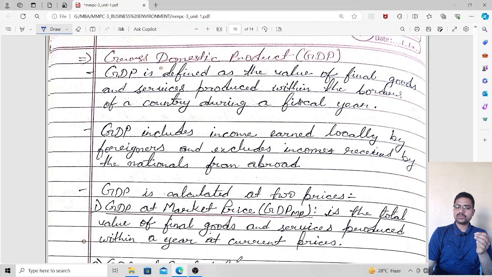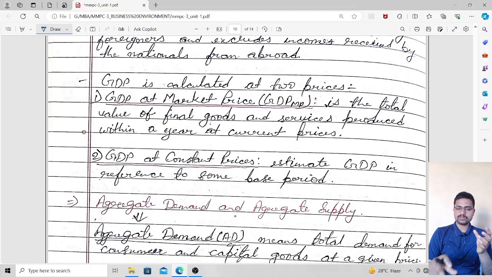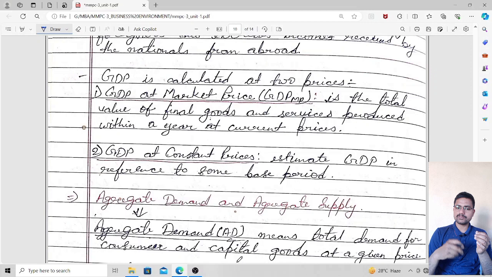GDP is calculated at two prices. The first is at market price, and the second one is at constant price. Whenever GDP is calculated at market price, it is the total value of the final goods and services produced within a year at current price.